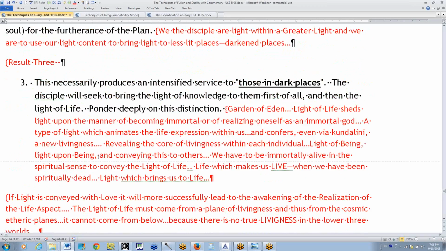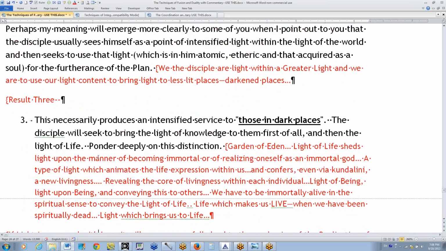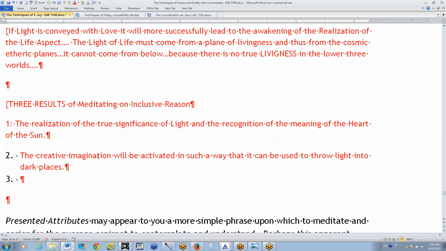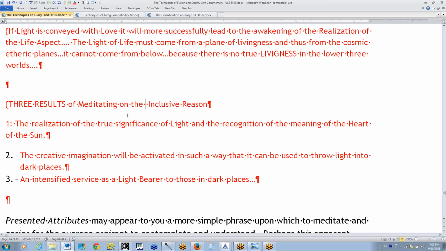And the third result will be an intensified service as a light bearer to those in dark places. The three results of meditating upon the synthetic theme of inclusive reason.